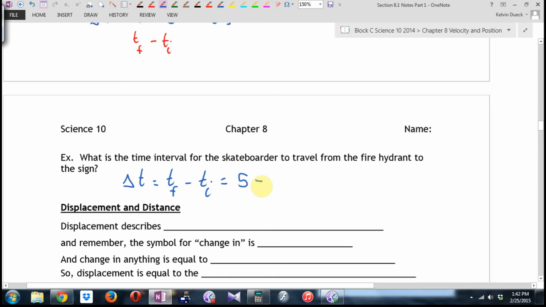Minus 2 seconds, is that what it says? So what's the time interval in your head? I hope that's fairly clear and obvious, but I'm doing that on purpose. So when we get to the yuckier stuff, we'll use the same method. If it's 17.9 seconds and 13.6 seconds, it's still going to be final minus initial. Use a calculator.